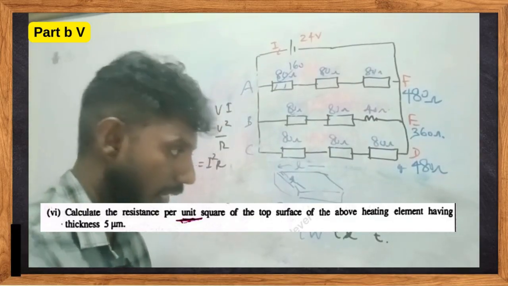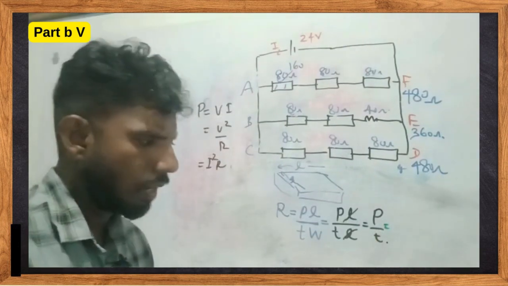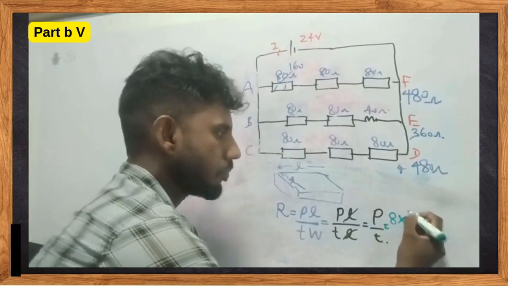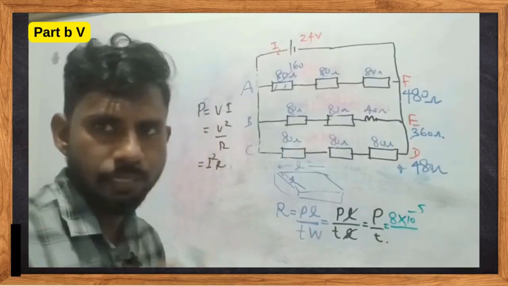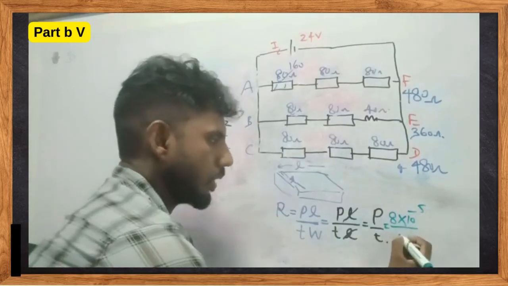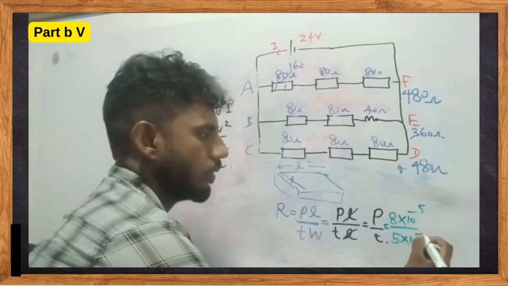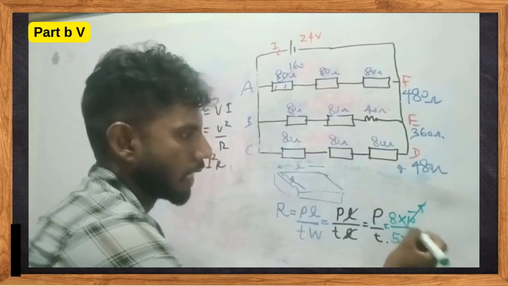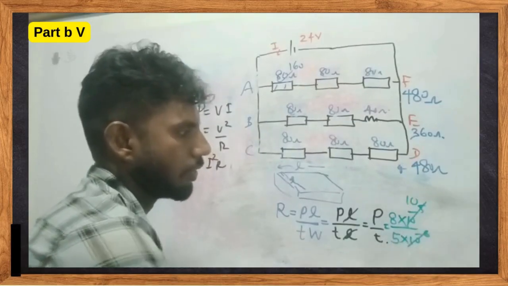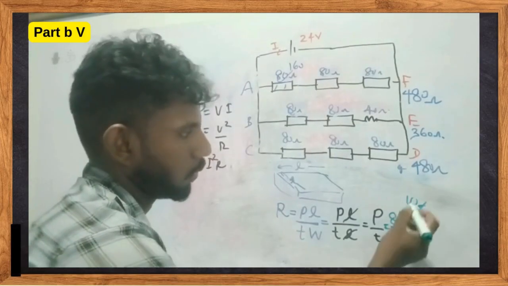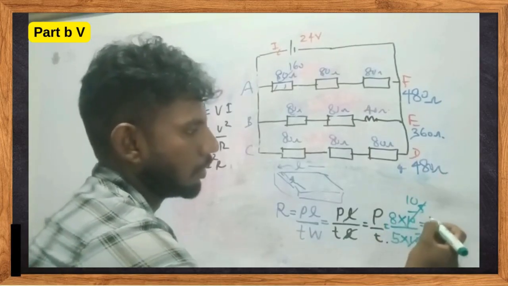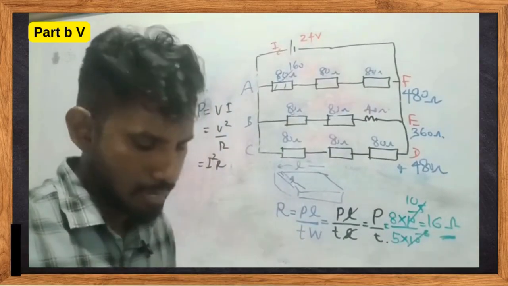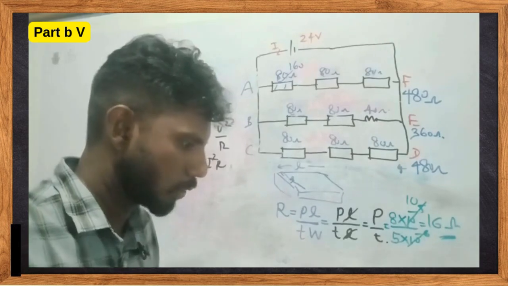So rho is 8 into 10 to the power minus 5, divided by thickness 5 micrometers, 5 into 10 to the power minus 6. So the powers cancel, this goes up, so only 10 remaining, right? So 80 divided by 5, that will be 16 ohms. That's the answer for the sixth part, right?